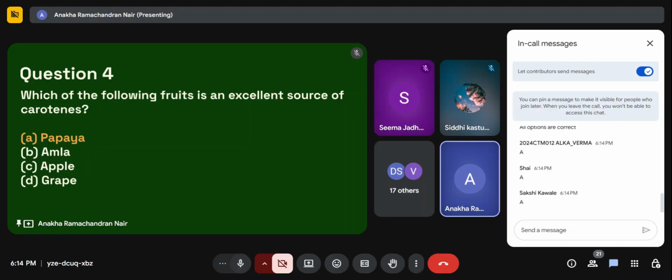All right. Other fruits which are great sources of carotenes are mangoes and dates and oranges also, apart from papaya. Okay, let's move on to the next question if there are no doubts.